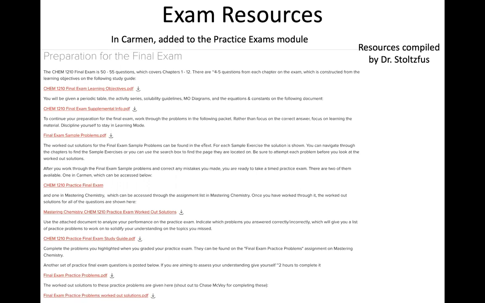So it's like the previous practice exams, where there's information as far as what the objectives are. There's examples that are worked through. There's also information that has been put into mastering. The information that is put into mastering as practice tests, it's not for credit. It's optional though, but it's linked to these other resources that he has put together.